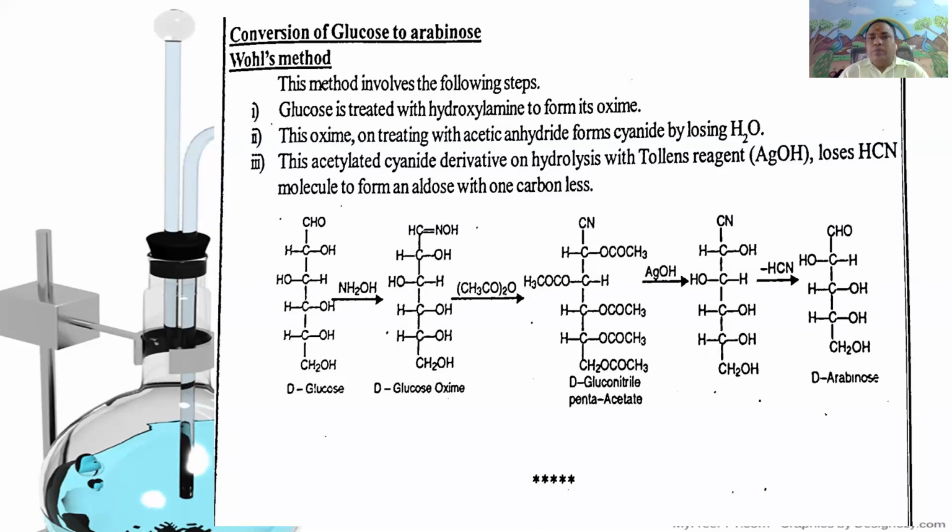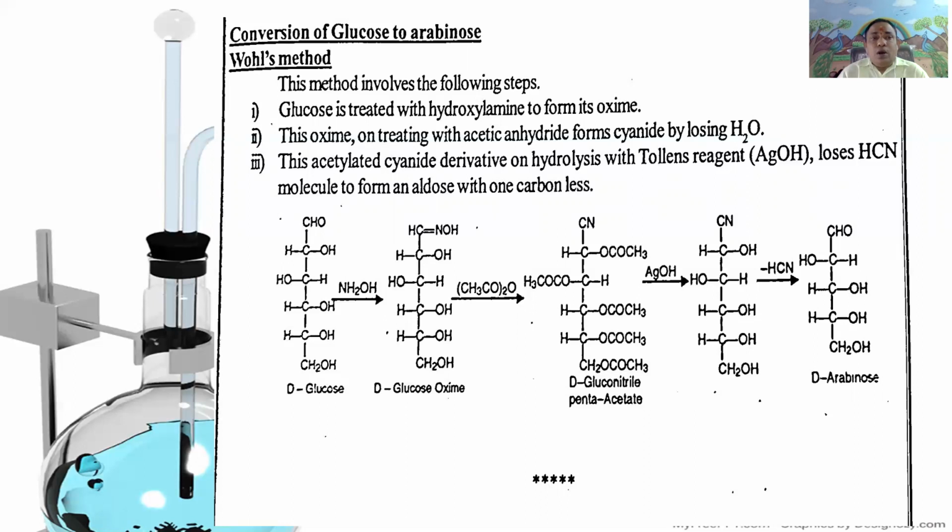In the second step, this oxime of glucose, upon treatment with acetic anhydride, gives the pentaacetyl derivative of D-gluconitrile.